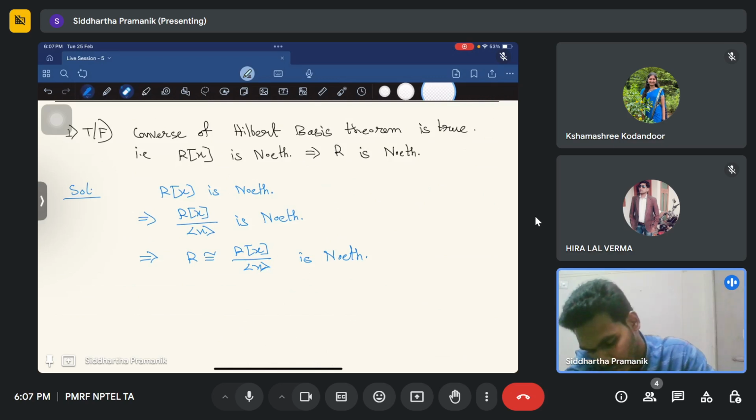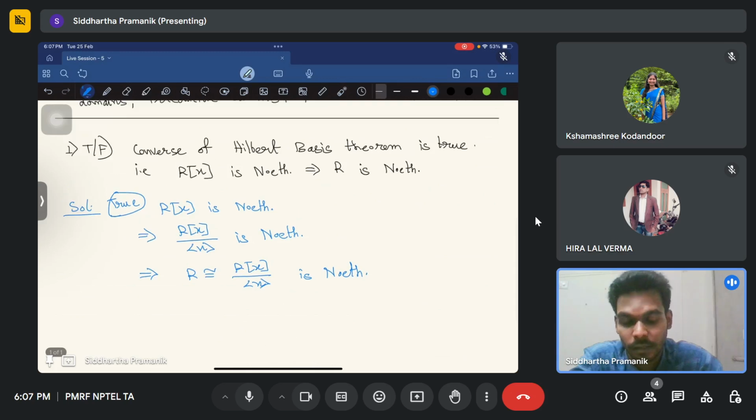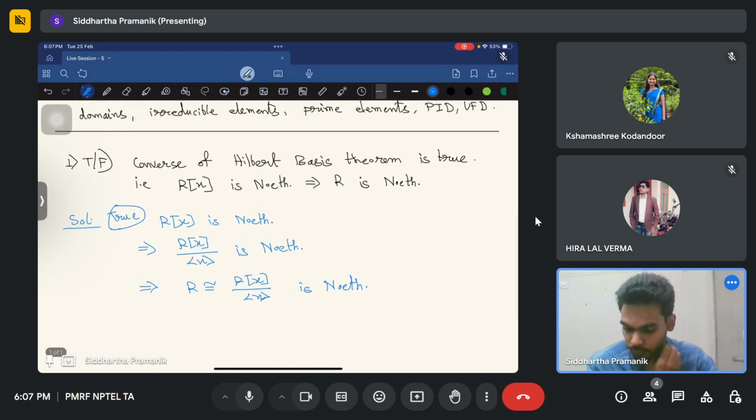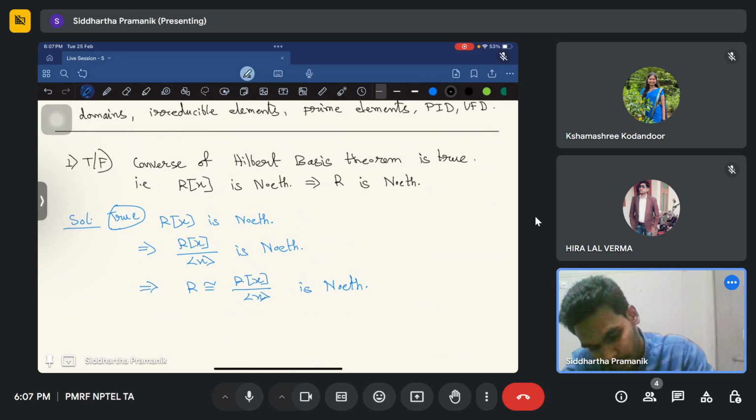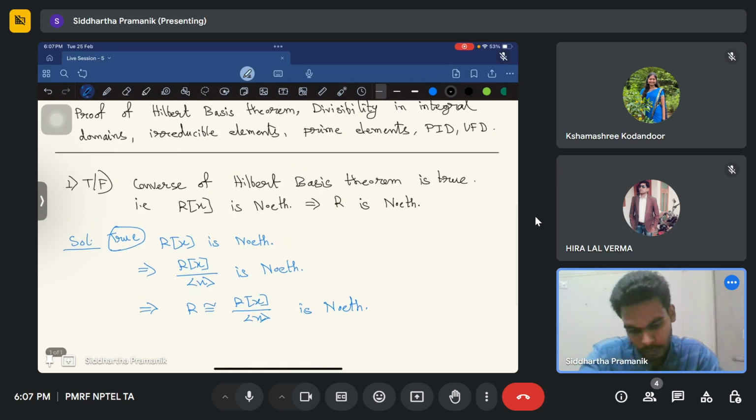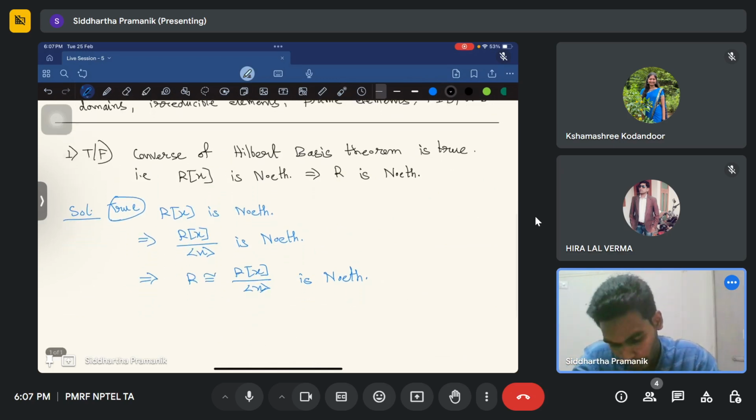So that means this statement is true. The converse of the Hilbert basis theorem is also true. That is something you should remember.